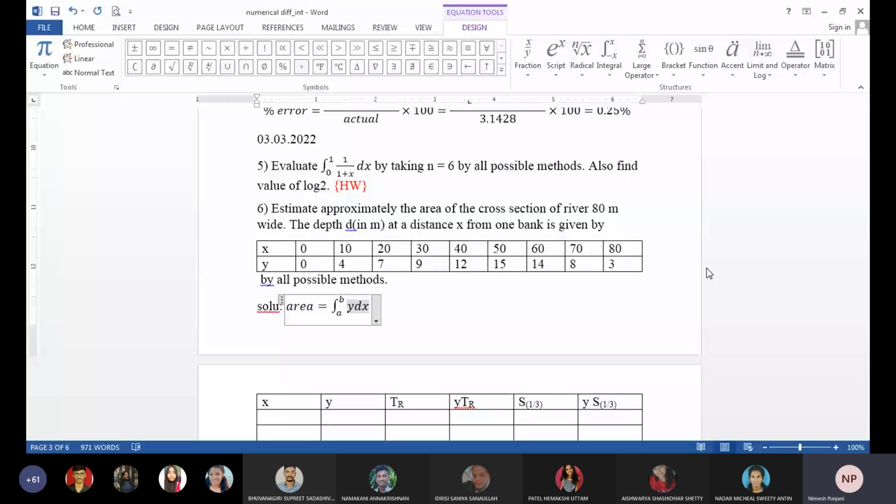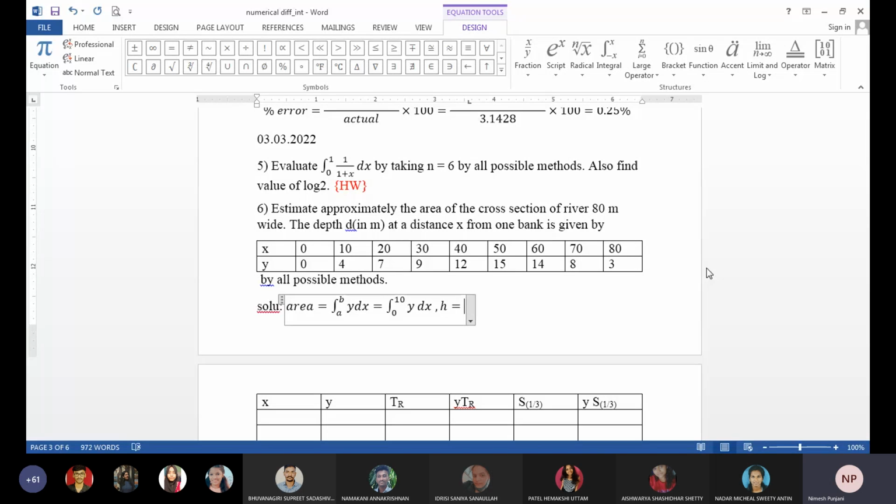So in this case it is integration 0 to 10 y dx. This is what is the formula for my area of cross section.